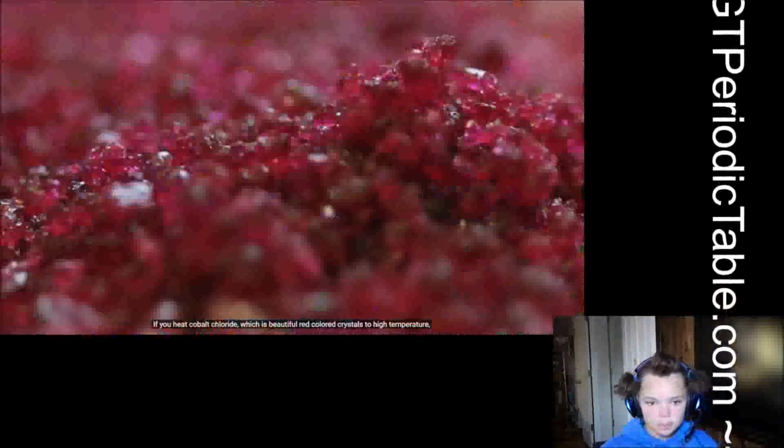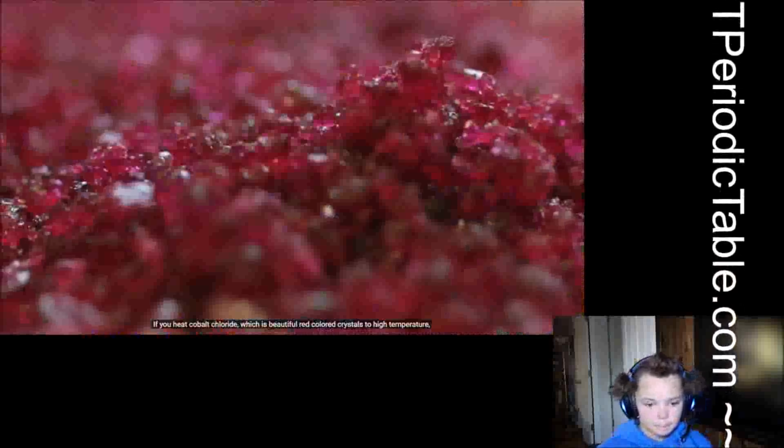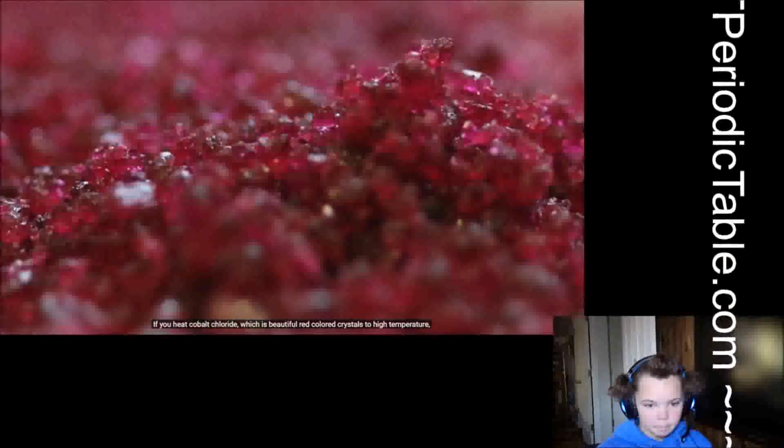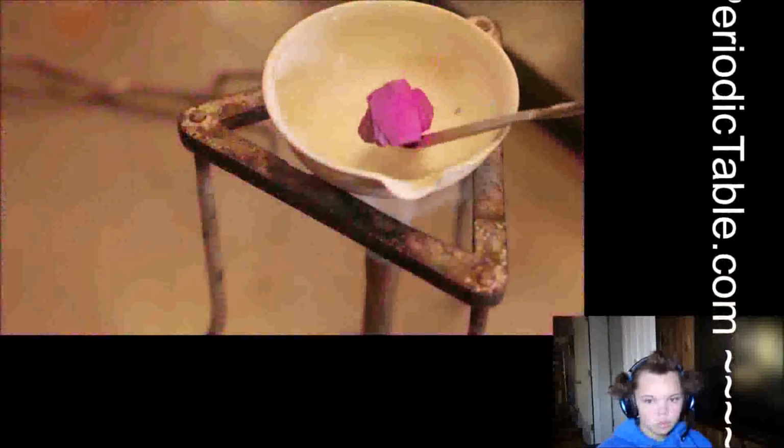If you heat cobalt chloride, which is beautiful red-coloured crystals, to a high temperature, you can drive off the water and make a sort of purplish powder.